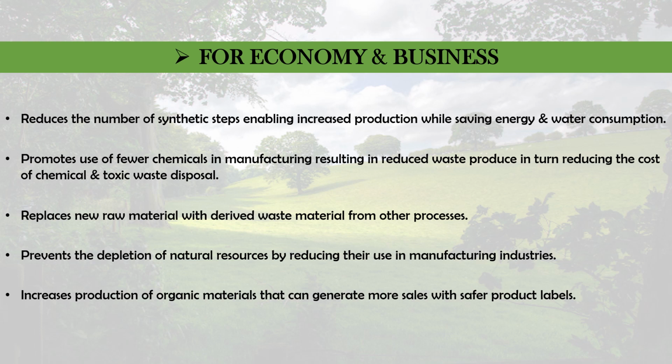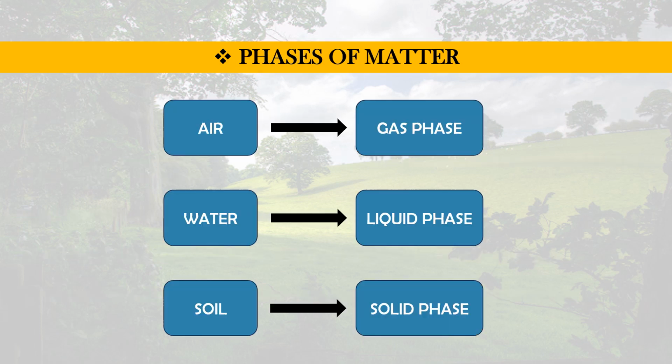And it increases the production of organic materials that can generate more sales with a safer product label. Nowadays, we are using organic products, which causes the development of good quality products that do not harm any environmental process, and they are getting sold at good prices also, so it's good for the economy.